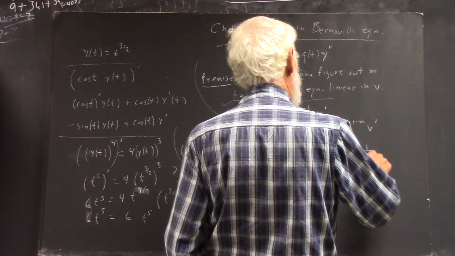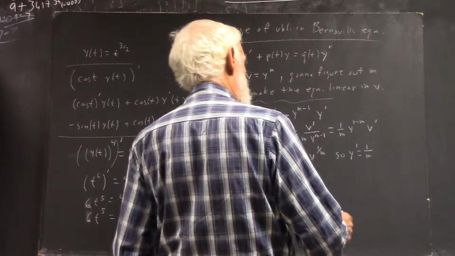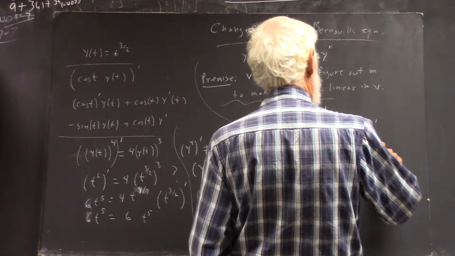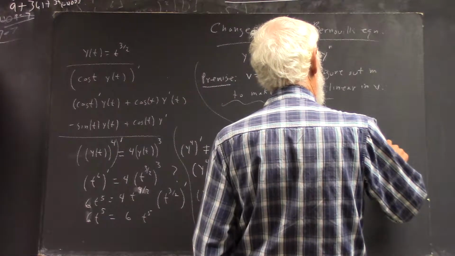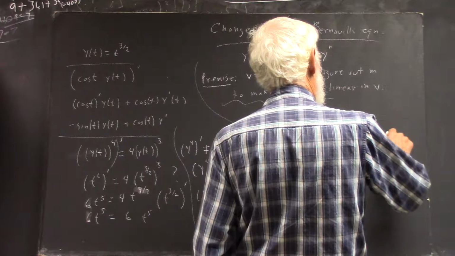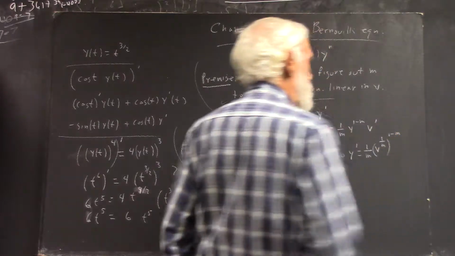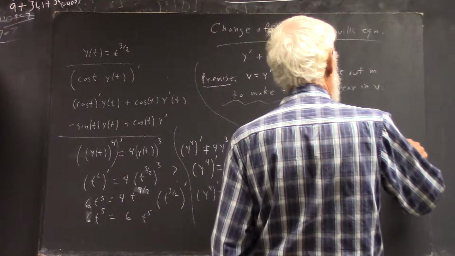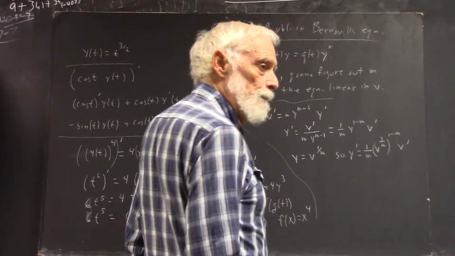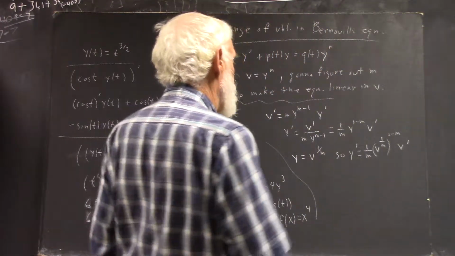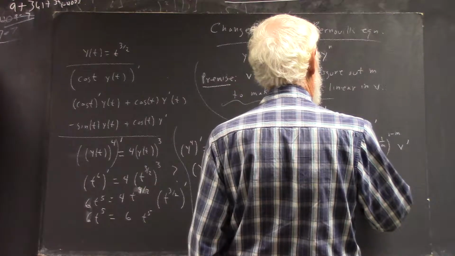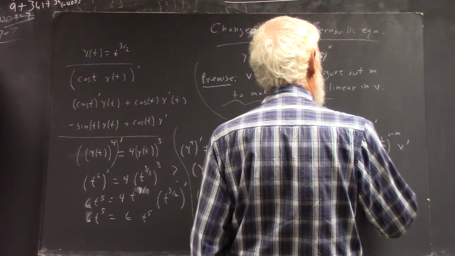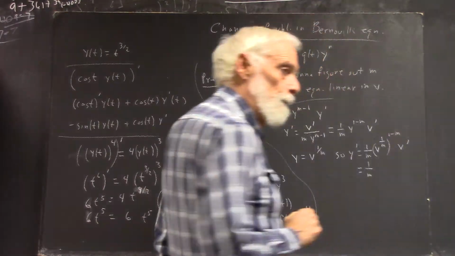I'll use this form for right now. Okay? Times v to the 1 over m raised to the 1 minus m times v prime. Okay? And of course, that's 1 over m.